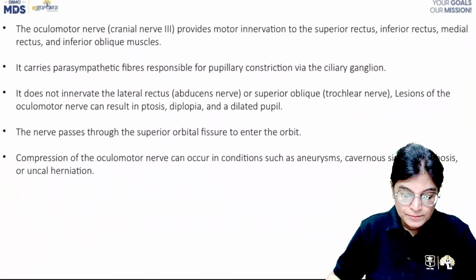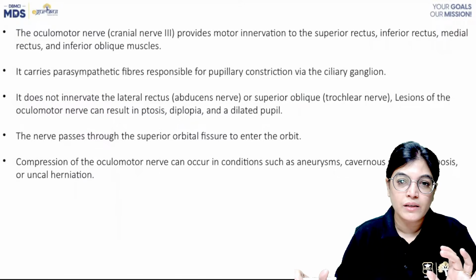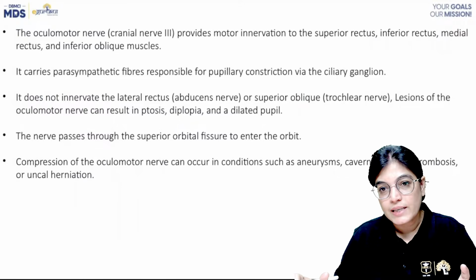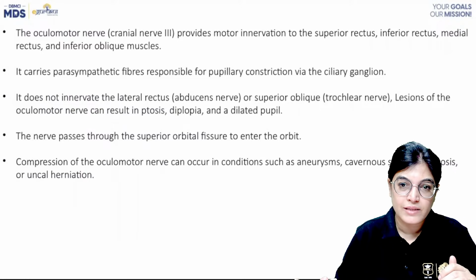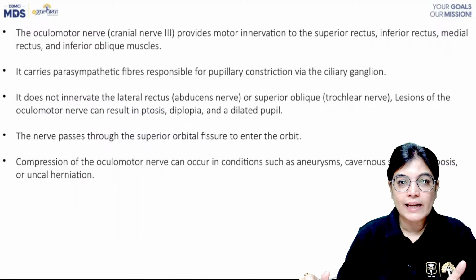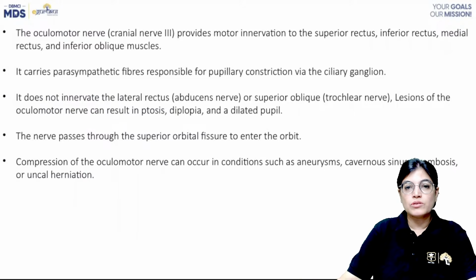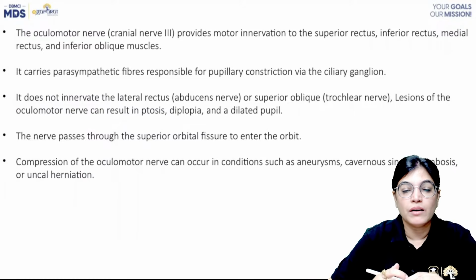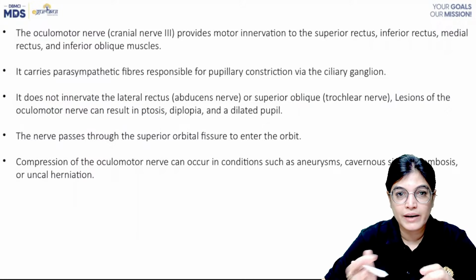Let me discuss. It's very important that for the oculomotor nerve you should know which muscles it innervates. It innervates all the extraocular muscles except lateral rectus and superior oblique. You should also know the clinical anatomy: it can be compressed in cavernous sinus thrombosis, aneurysm of the surrounding structures and arteries, and in uncal herniation.